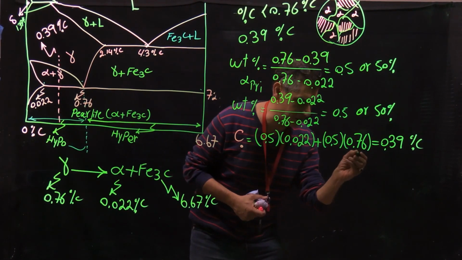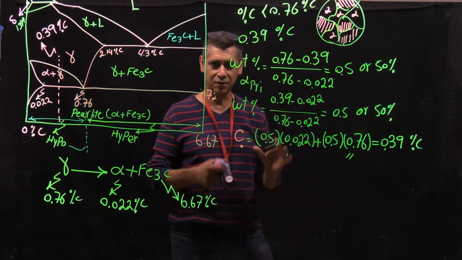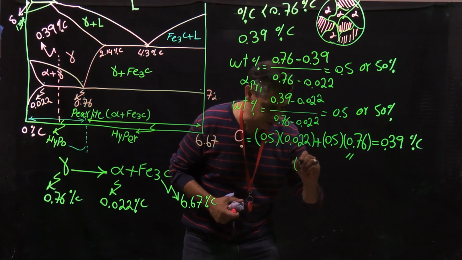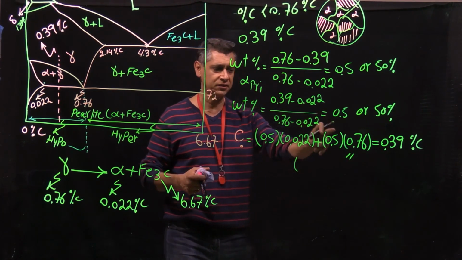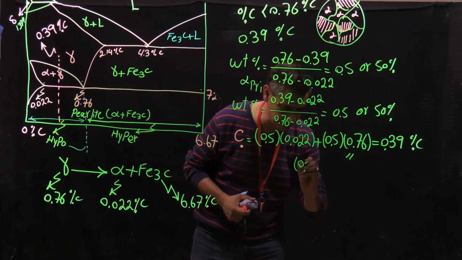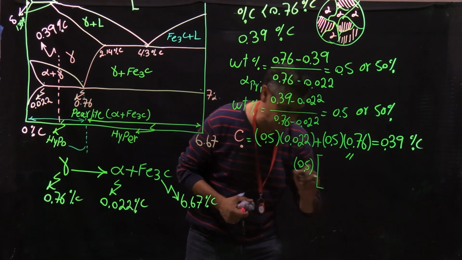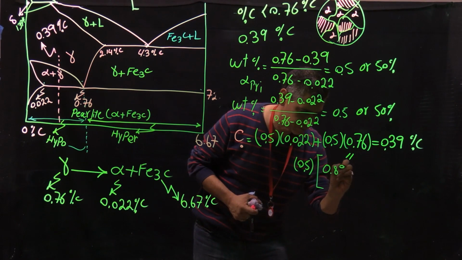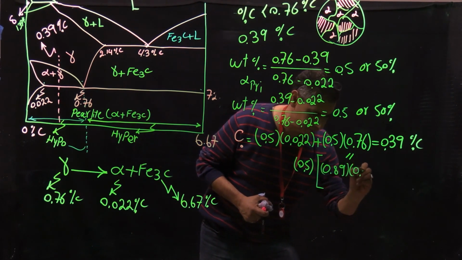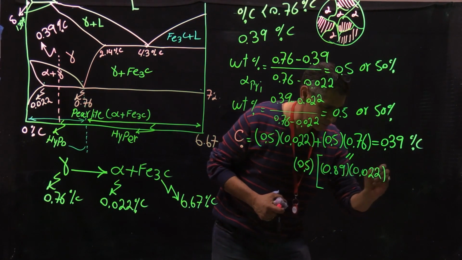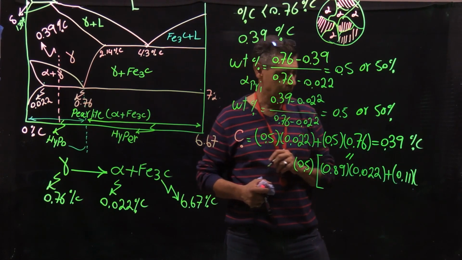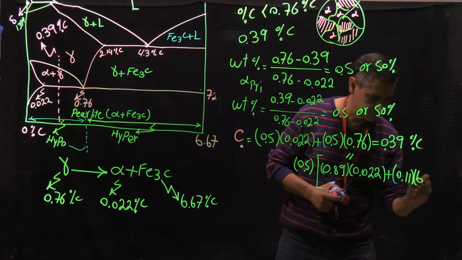You can break this term down into two terms. You can say that 50% is pearlite, right? What is inside the pearlite? Inside the pearlite is 89% ferrite and 11% cementite.